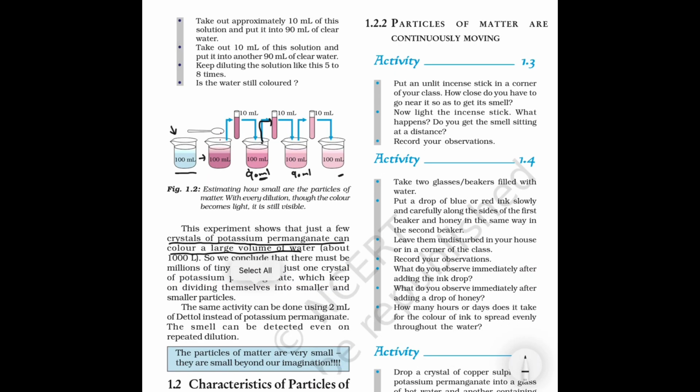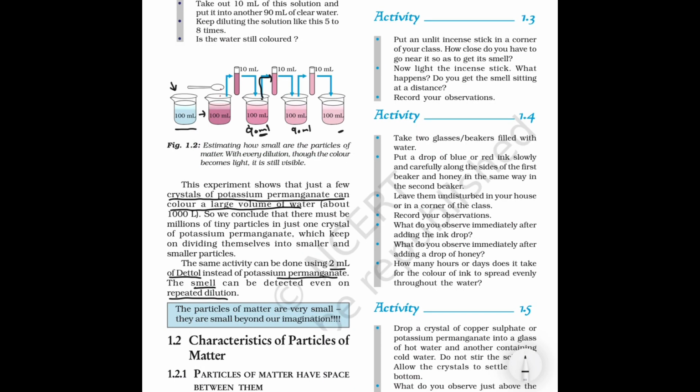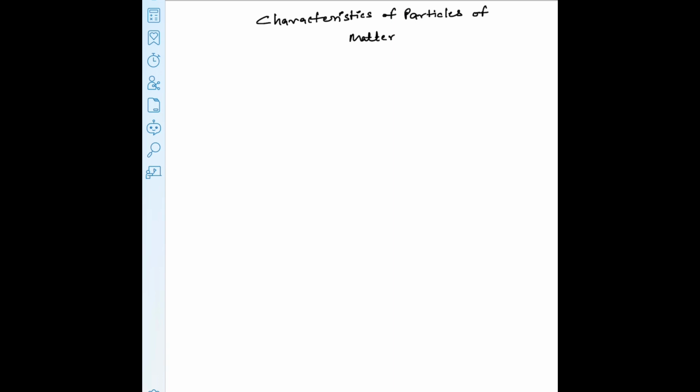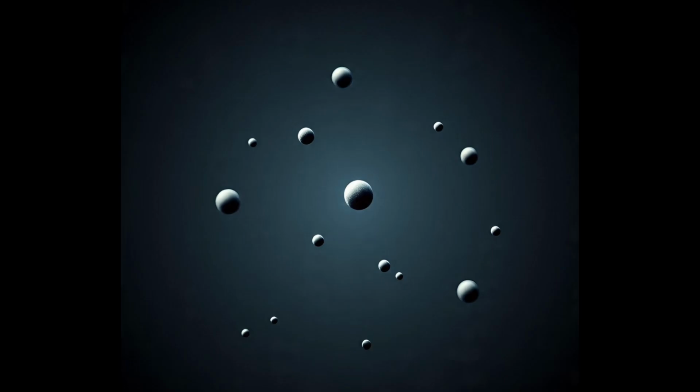And you can do other activities also. You can take 2 ml of Dettol instead of potassium permanganate, and after repeated dilution still you can observe the smell. So particles of matter are very small. They are small beyond our imagination. So what are the characteristics of particles of matter? Particles of matter have space between them.